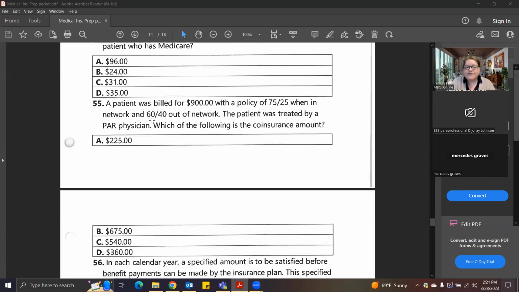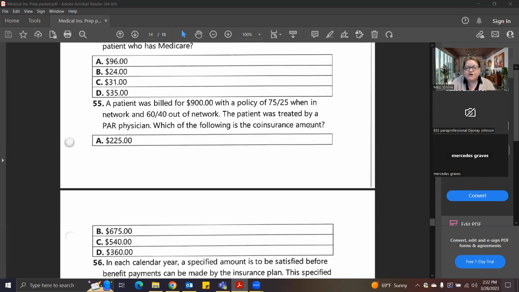Remember, in network is the same as participating or under contract. Probably the 75/25. That's correct. 75/25 when in network. So that's our amount that we're looking at.